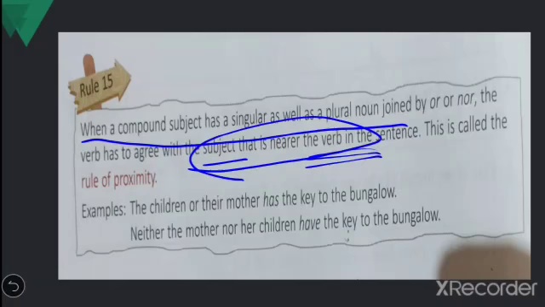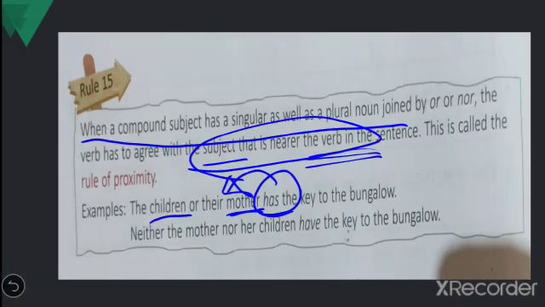Now look at the example. The children or their mother has the key to the bungalow. Now look here. The children is also a noun, a plural noun. Their mother, mother is a singular noun. Has the key. Has is showing a singular verb, means has is shown by the nearer noun, nearer subject.